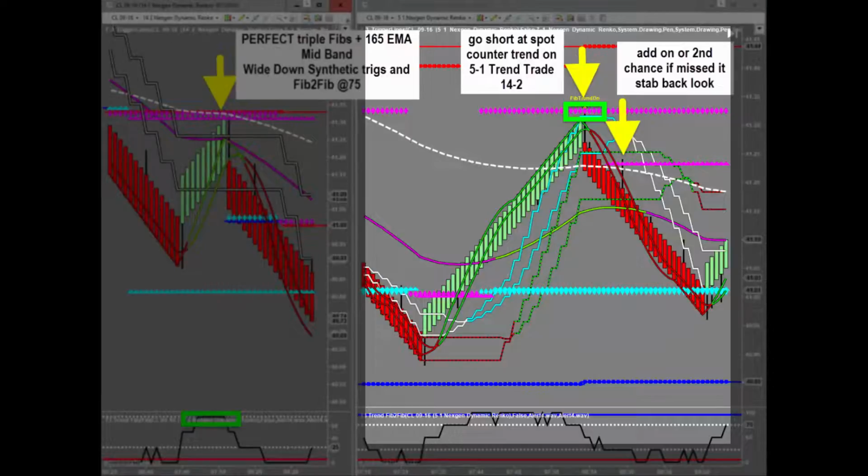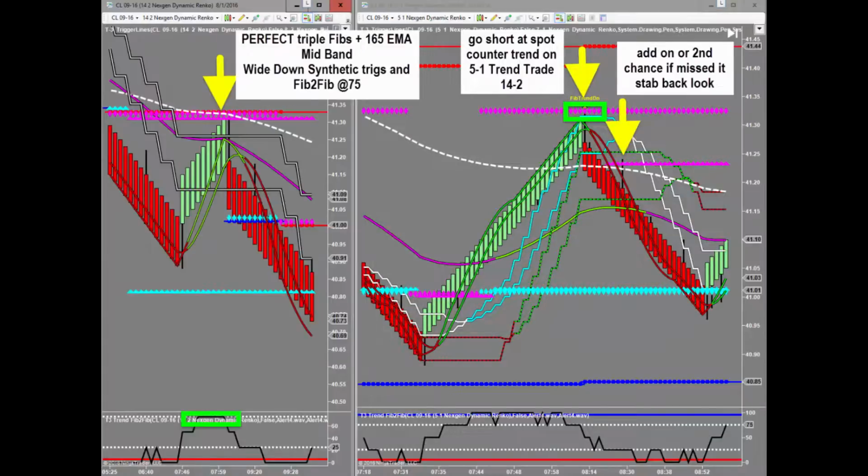It's a trend trade on the 14-2 chart and a counter trend trade at the exact same spot, without our trigger lines breaking through the Fibonacci area on the big chart or the small chart. So these are the types of looks where you want to be a little bit more aggressive or assertive, if you will, at those spots so you can get in very close to the 41.32, 41.33 area. This will give you maximum benefit with the least amount of risk.